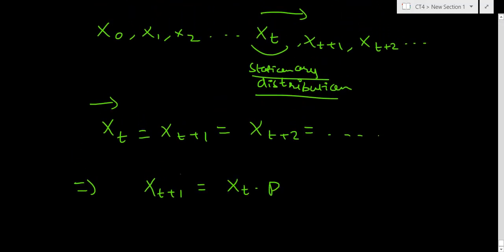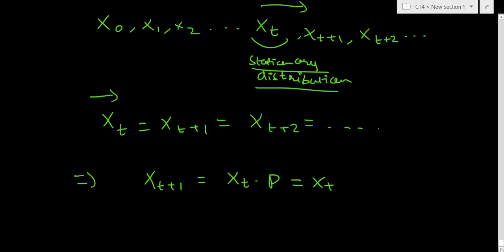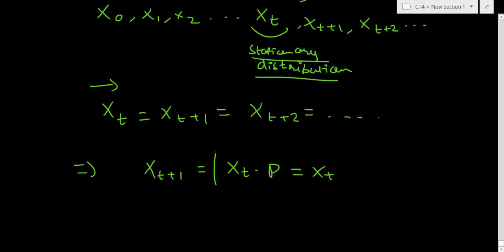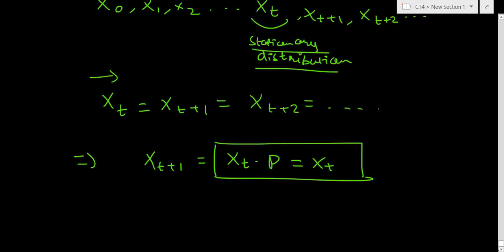Xt plus 1 is a vector which shows the distribution at time t plus 1, and xt is a vector which shows the distribution of the Markov chain at time t. Whenever you transition from time t to t plus 1, this thing is my xt plus 1, and this thing should come out to be the same as xt. I can express this as the property for the Markov chain to be stationary.